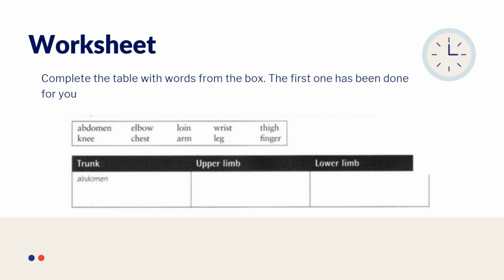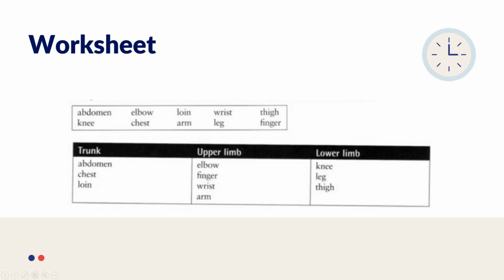So now let's check your answers. For the trunk, we have abdomen, chest, and loin. For the upper limb, we have elbow, finger, wrist, and arm. And lastly, for the lower limb, we have knee, leg, and thigh.